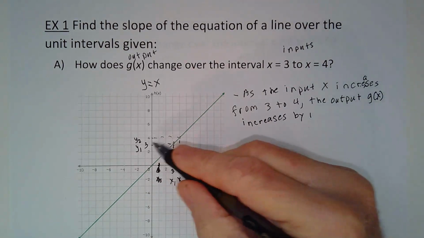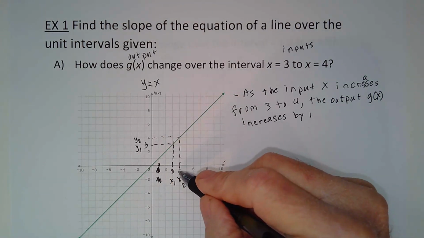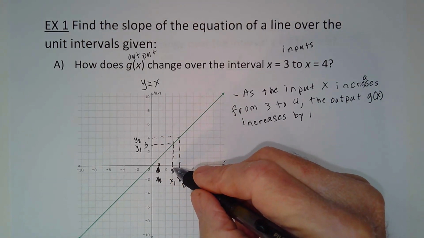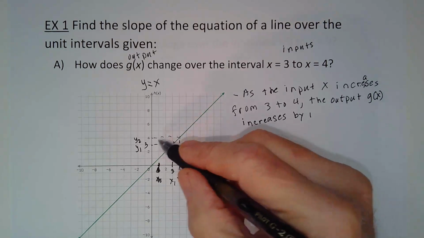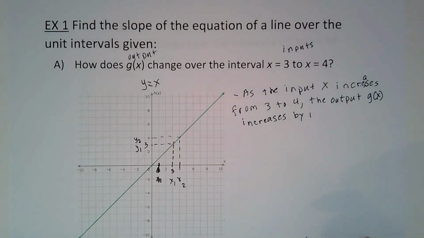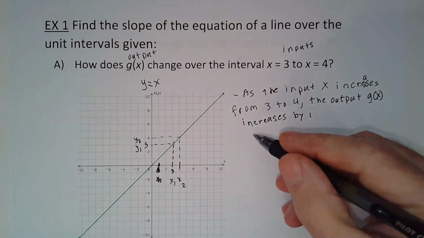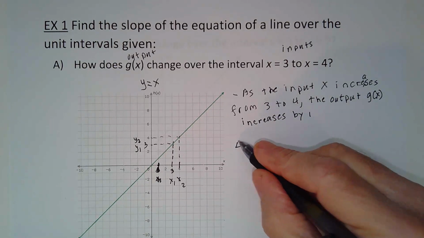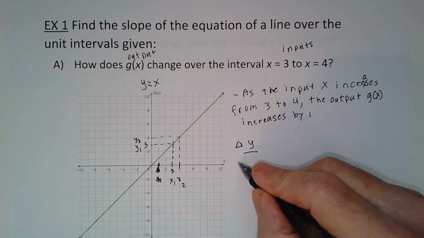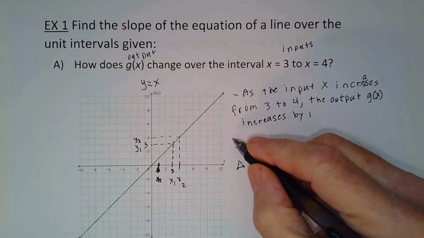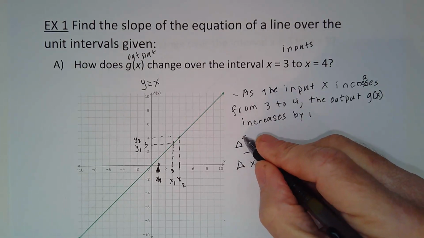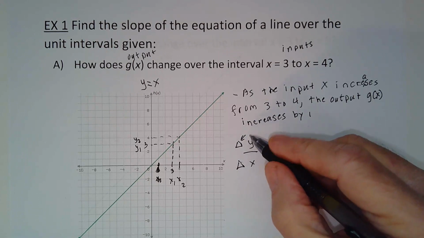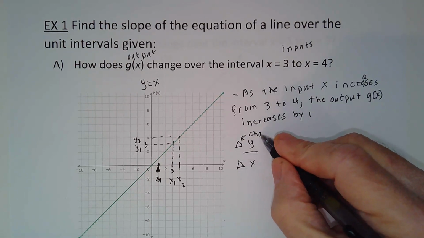Now again, we can sort of deduce that just by seeing that the difference between the x1 and the x2 is 1 unit, and the difference between the y1 and the y2 is 1 unit, and 1 over 1 is 1. But let's put that into the math. So we're going to do the change in y over the change in x. And remember that this triangle means change in.